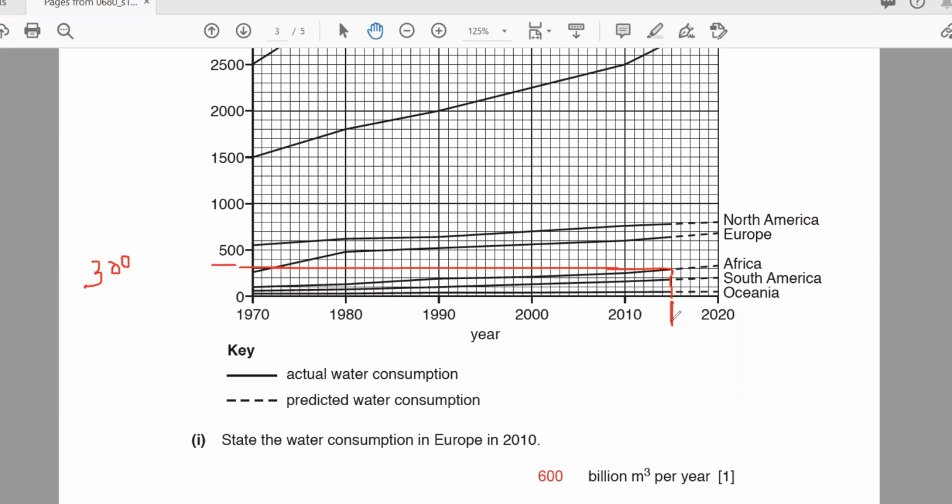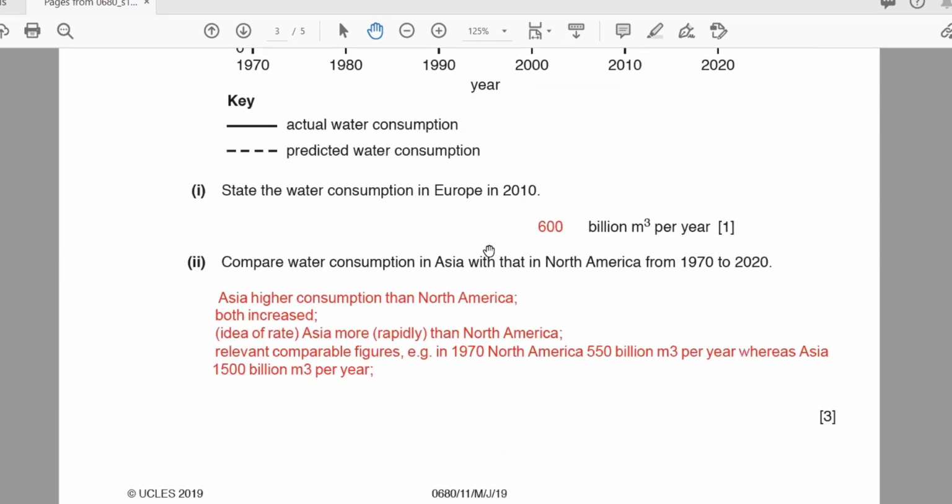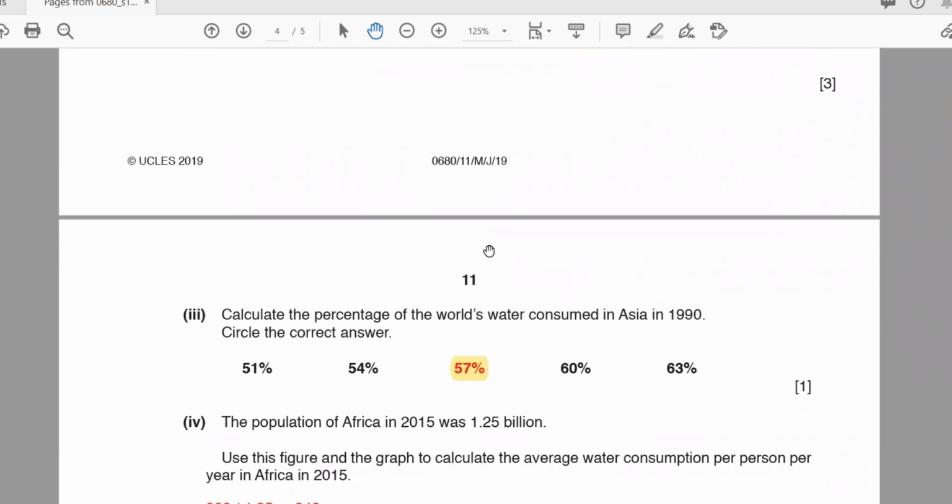So this is the first thing. And what was the population? That was 1.25 billion. So you have to divide by the population, and you will get the amount per person. See here, the total was 300, as I mentioned, and the total population is 1.25 billion. When you divide it, you will get the answer, which is what each person uses. Is it clear or is there any confusion here?